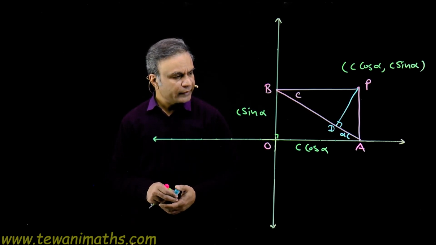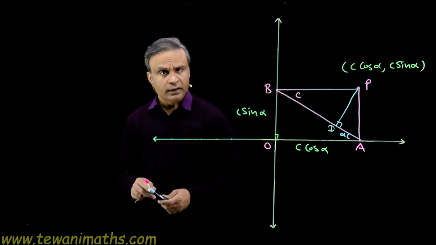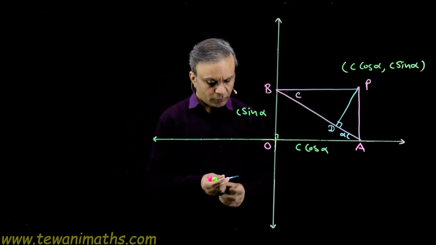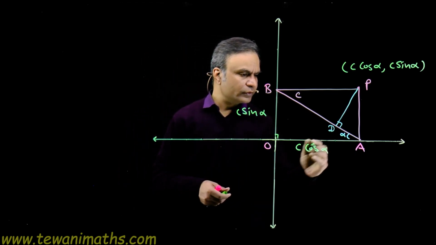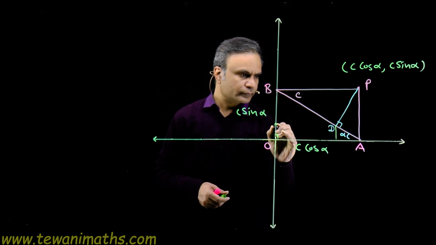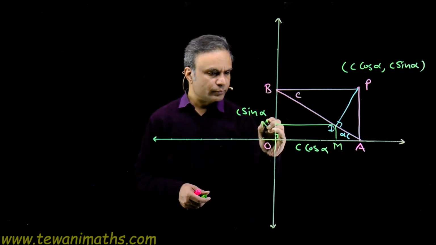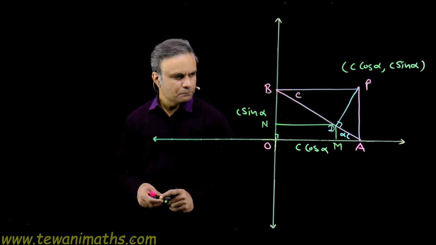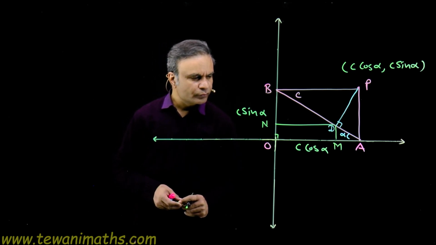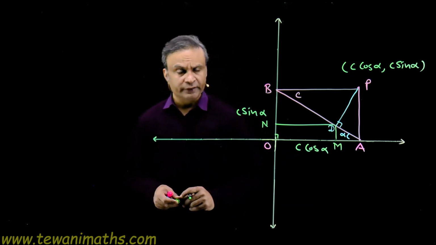Now we will try to get coordinates of point D as a function of angle alpha. For that, we draw perpendiculars from point D upon the axes. This is point M, this is point N. To get the coordinates of point D, we find OM and ON.